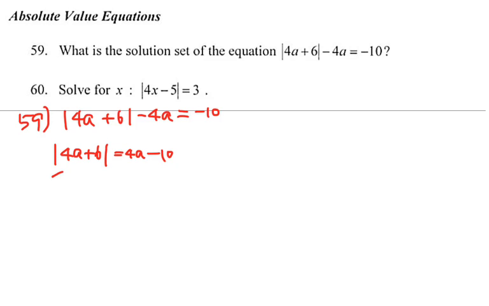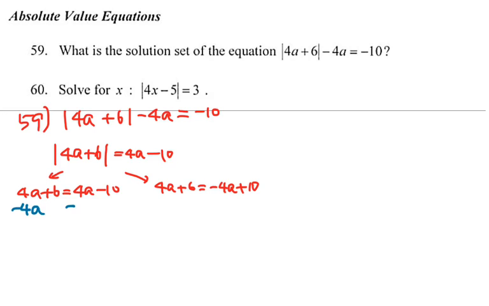Now the first equation we can write up is as it is. So we have 4a plus 6 is equal to 4a minus 10. Second one, one of the sides has to be negated. So that's basically what we have: 4a plus 6 is equal to negative 4a plus 10. Negation of 4a minus 10.